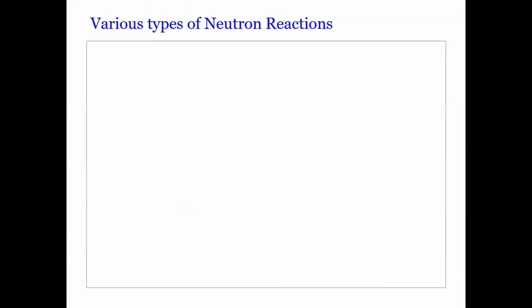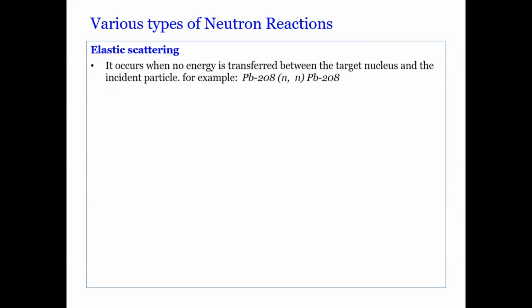Various types of neutron reactions are there. The first one is the elastic scattering. Elastic scattering occurs when no energy transfer is taking place between the target nucleus and the incident particle, only the direction changes.